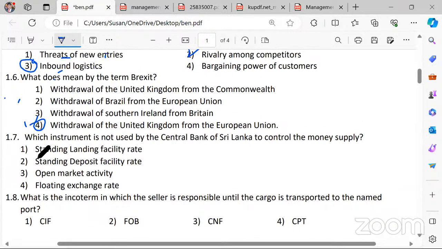That is Britain exit. Brexit stands for Britain exit.